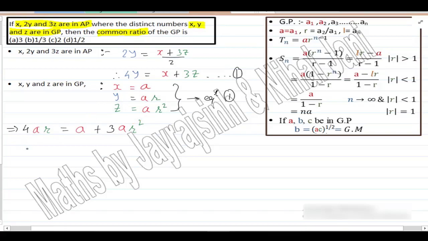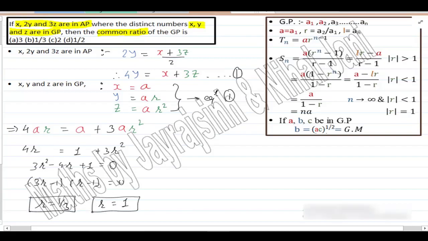We can take a common, so here we'll get 4r is equal to 1 plus 3r square, or we can say 3r square minus 4r plus 1 is equal to 0. Now we just have to get the factors, and the factors are (3r minus 1) and (r minus 1) equal to 0, which suggests that our r must be 1 by 3 or 1. Both answers are correct, but in the options 1 by 3 is given, so B will be the correct option.